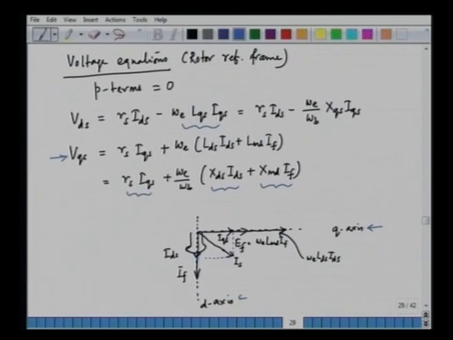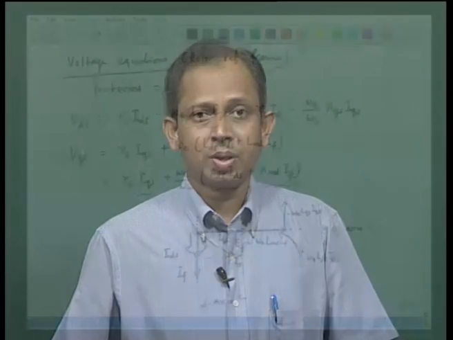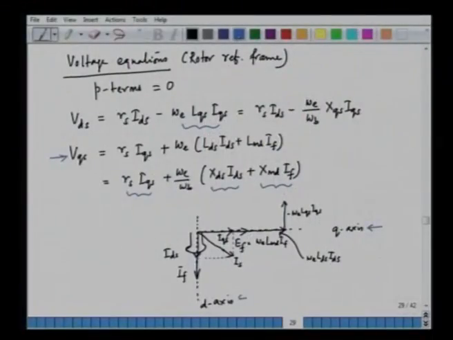So we can show that here, minus omega e LQS into IQS. So this is again an induced EMF which is shown as a phasor. Then we can add the resistance drops. Now, the resistance drops are Rs into IQS, which will be in the q axis, and then Rs into IDS, which will be in the d axis.